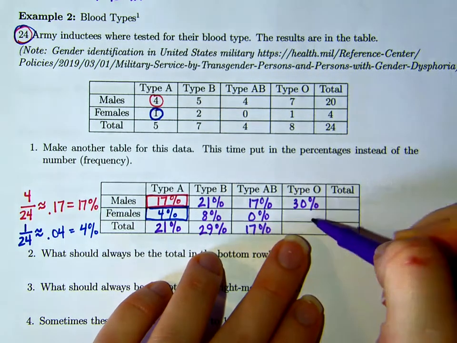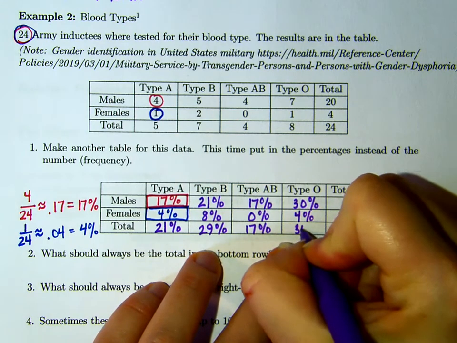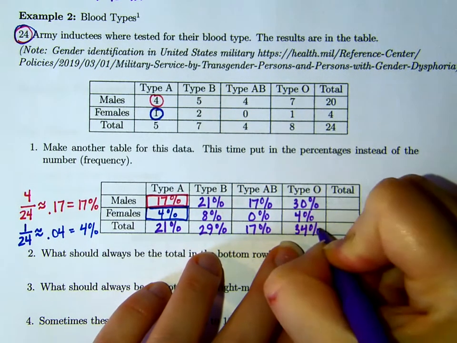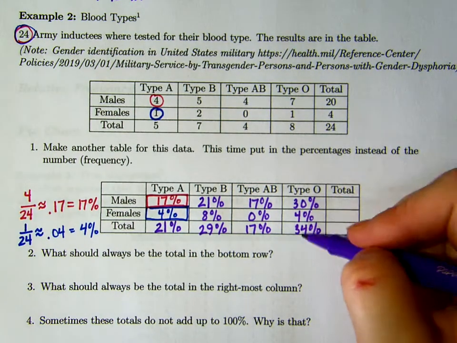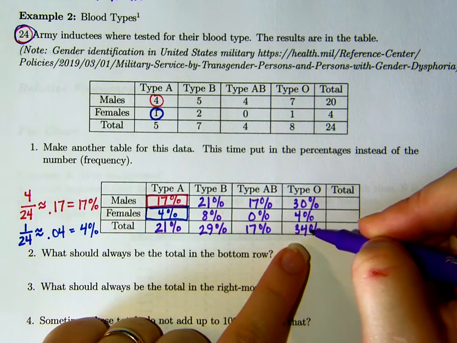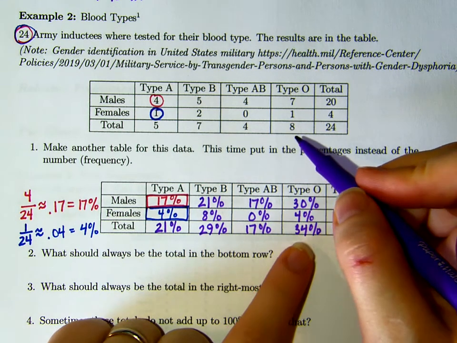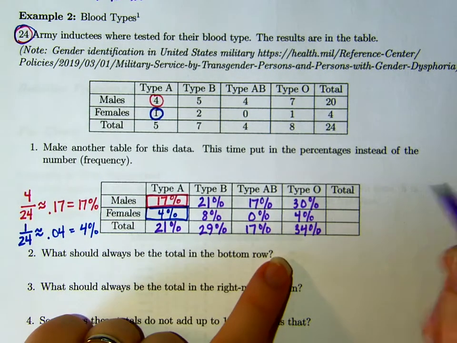I bet it's going to be 4%. Approximately 4%, total that, 34%.